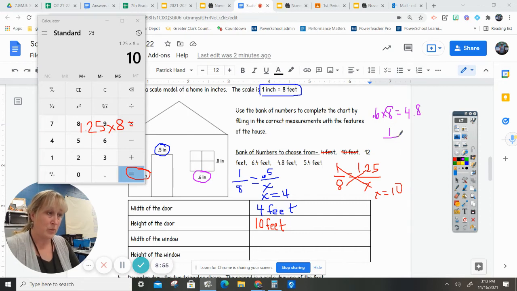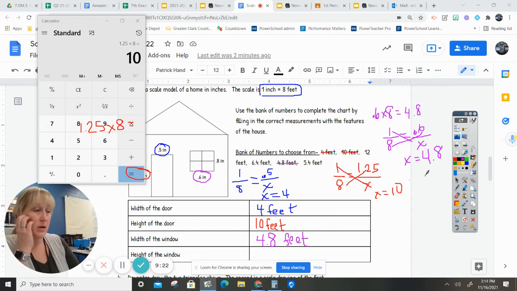But if I were doing it with my 1 over 8 equals, my little one is 0.6 over unknown, cross multiply, 1 times x is x, 0.6 times 8 is 4.8. Do I have that as an option down here? Yes. So both ways work. In case you missed it, both ways work. It depends on which one you see. Both ways work.